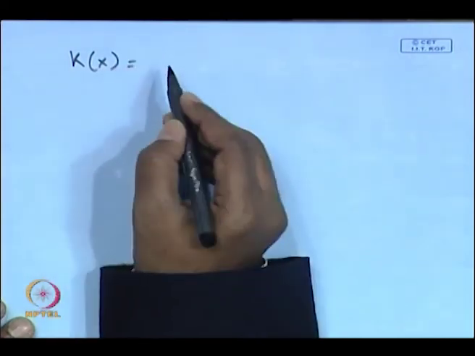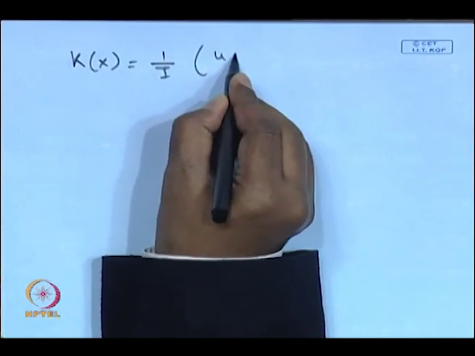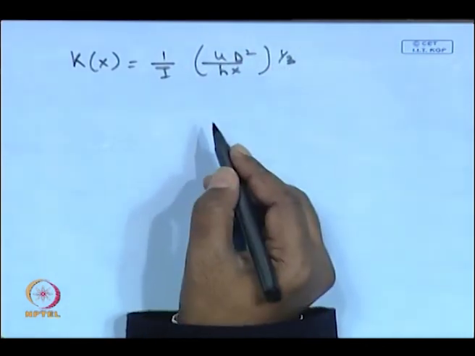So the k, if you remember, the expression of mass transfer coefficient was 1 over I times (U d square by h x) raised to the power 1 upon 3, from the similarity solution.